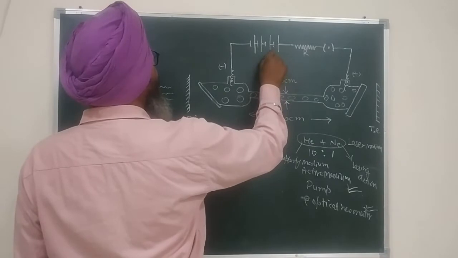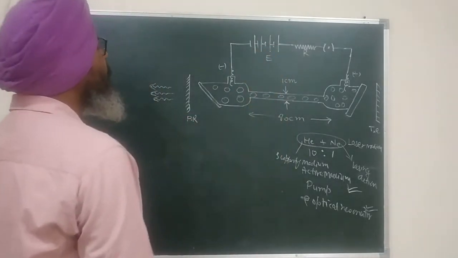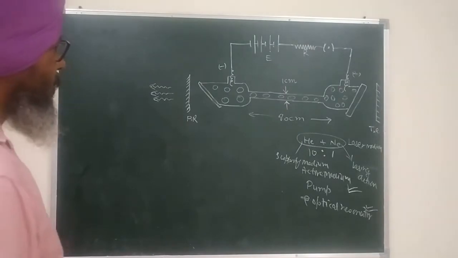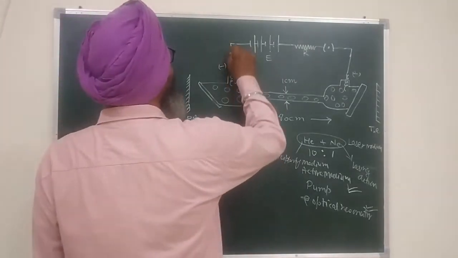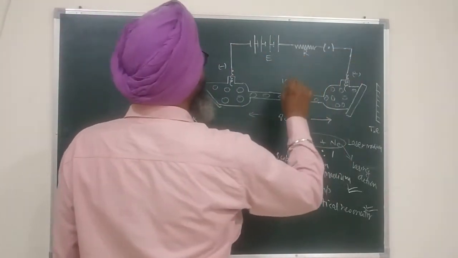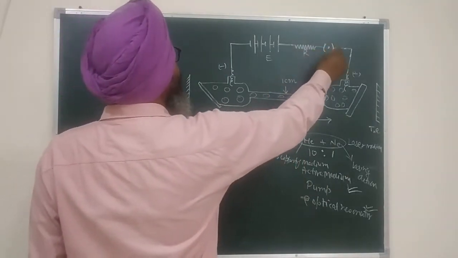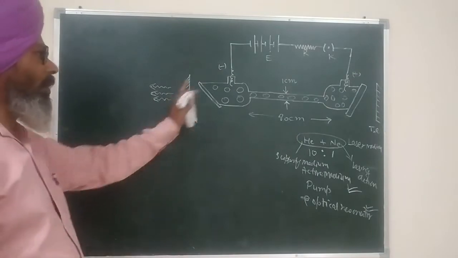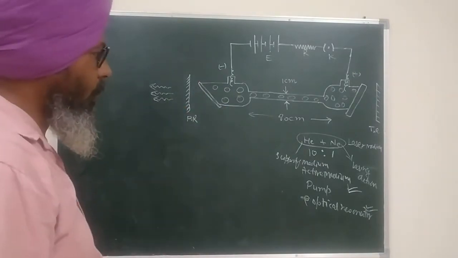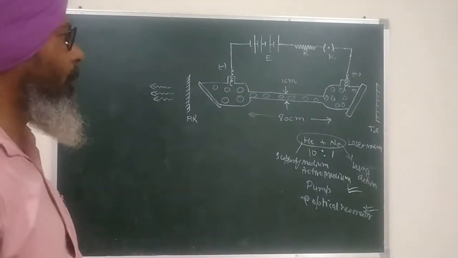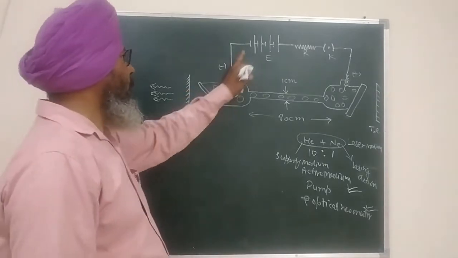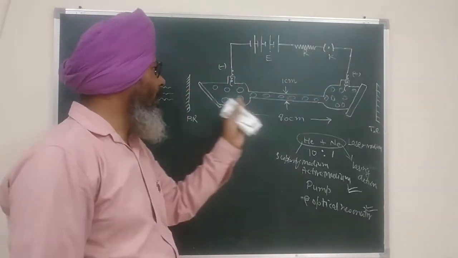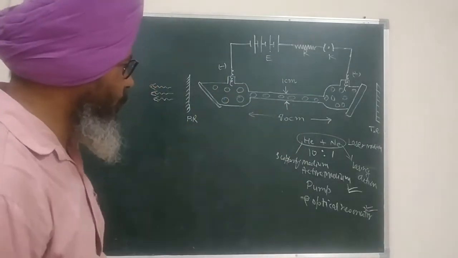This is a battery of appropriate EMF. These two electrodes along with the resistance and key act as the pump. Of course, you can include the glass tube in the pump part. So this glass tube, battery, resistance, key and the electrodes all combined constitute the pump.